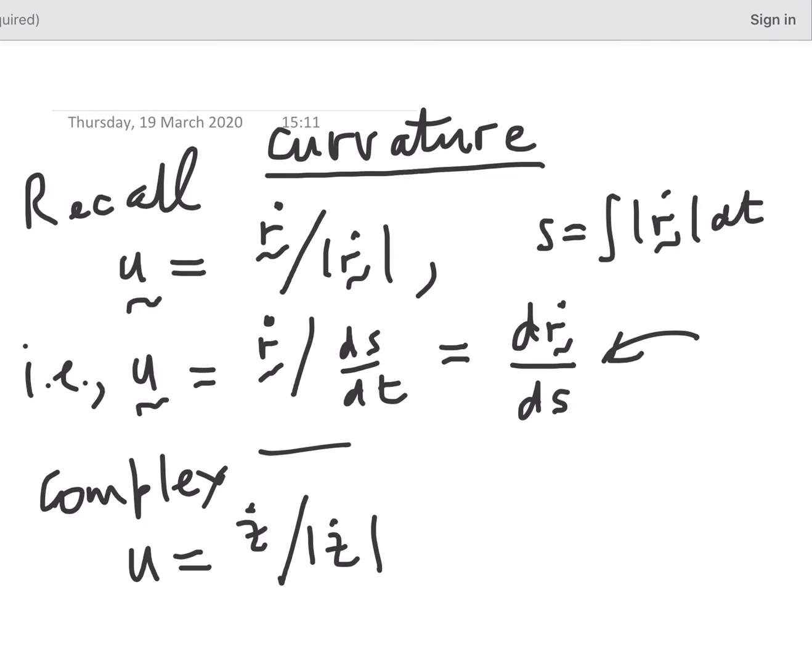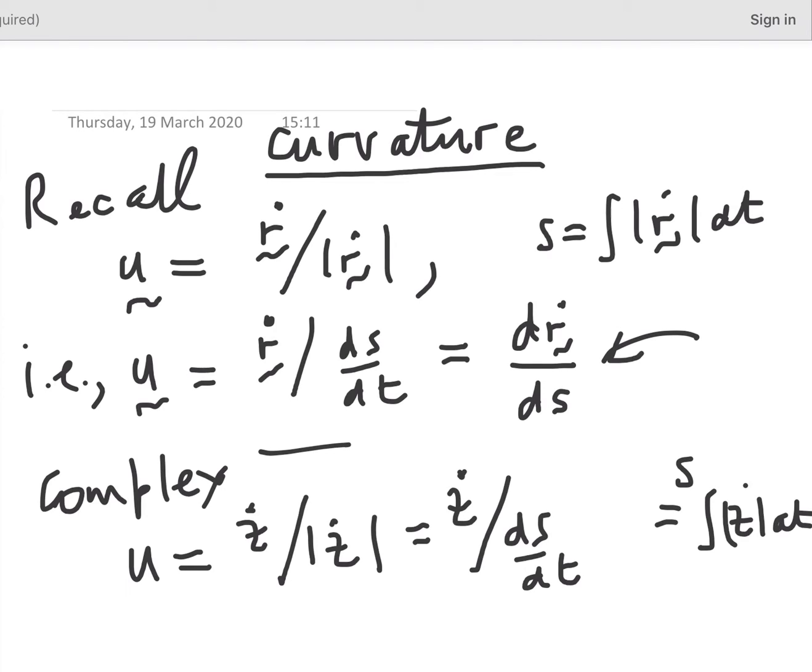If we define the arc length to be the integral of the mod of z dot dt, then we could write the unit tangent as z dot divided by ds dt.